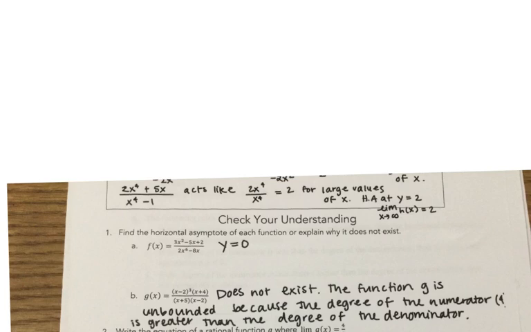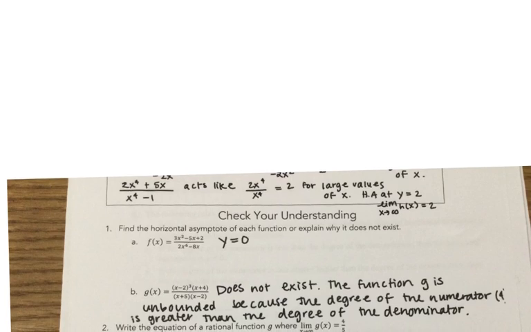2. Can you write an equation of a rational function g where the limit as x approaches infinity of g of x is 4/5? Y equals 4x plus 5 over 5x plus something. Yeah.